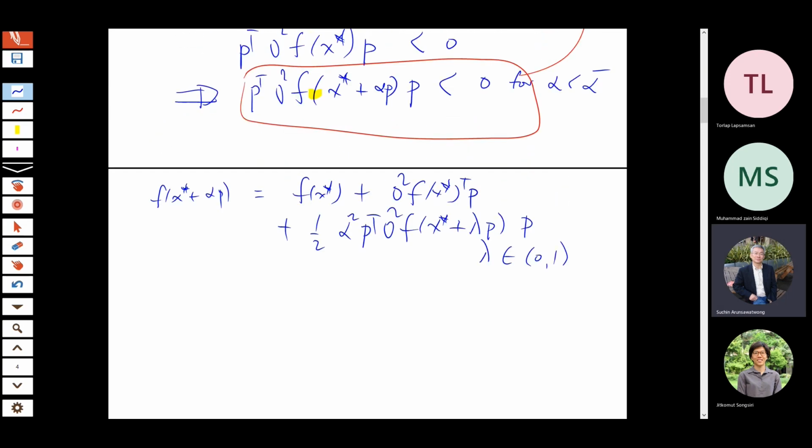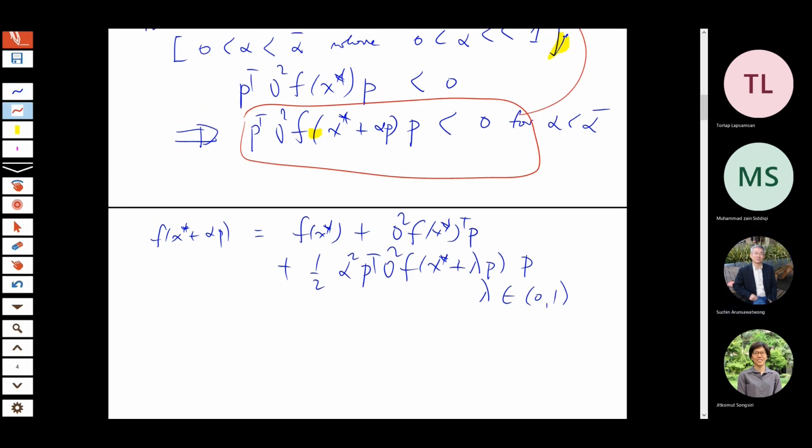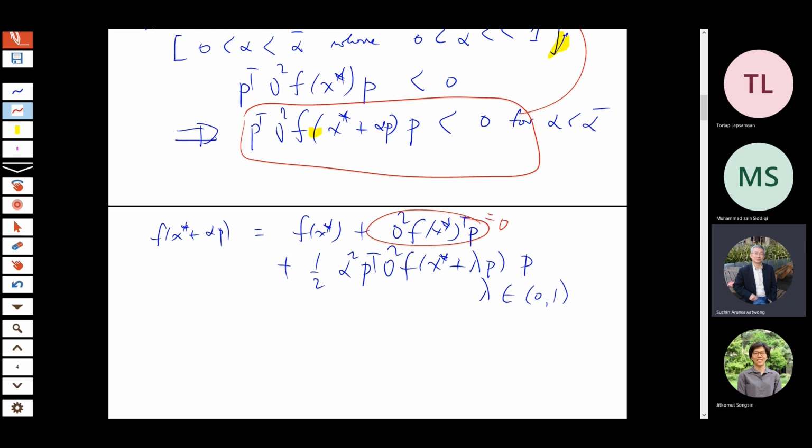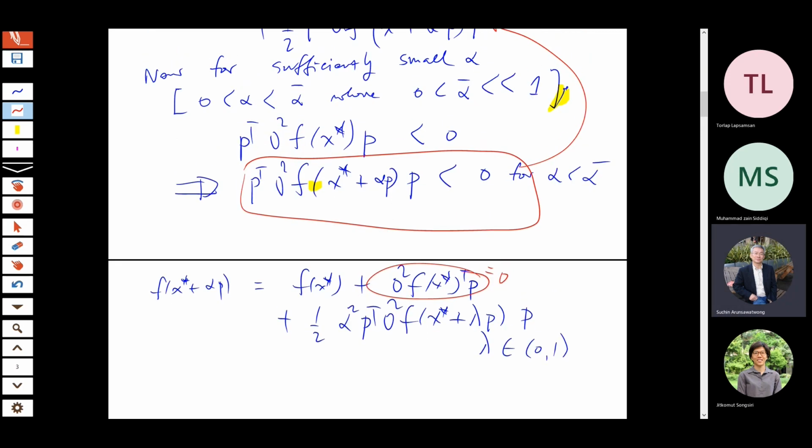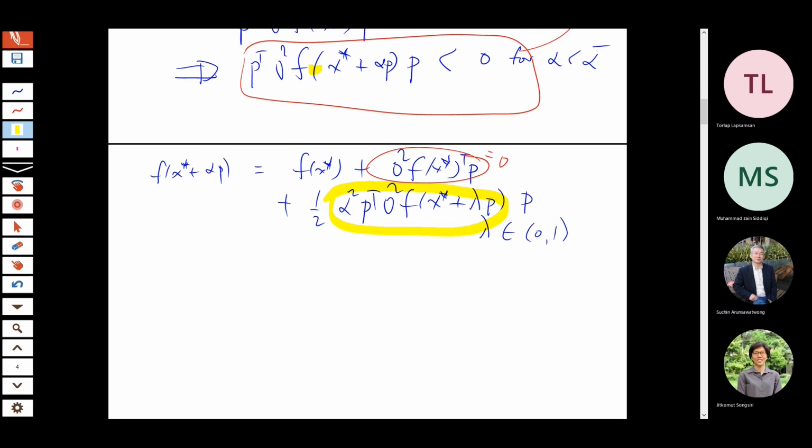Now this one is 0, by the consequence of the first order necessary condition. From the above discussion, we know that the highlighted term is negative. Then f(x star plus alpha p) is equal to f(x star) plus a number which is negative.